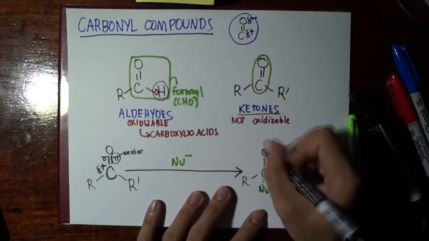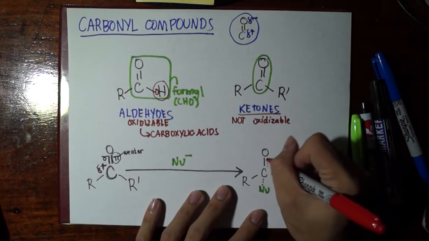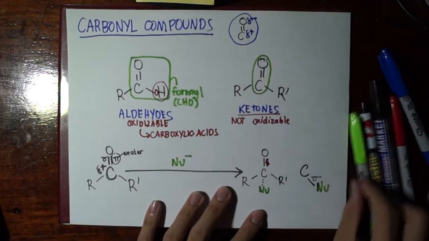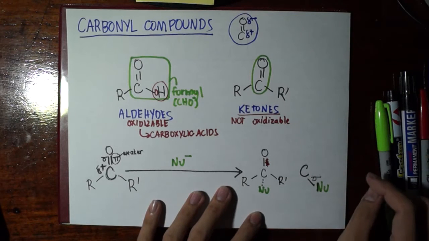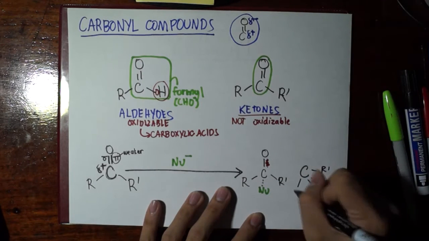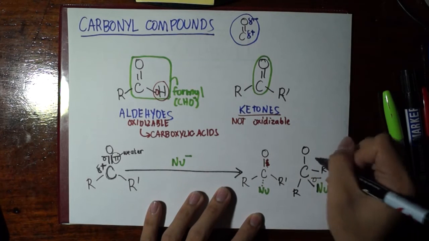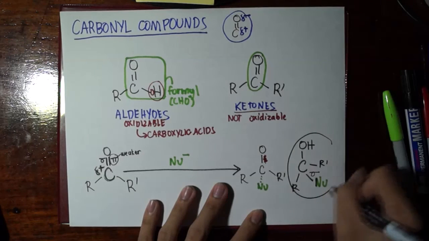So meaning that there is this pi bond that's being broken, and at the end this will become eliminated, in order to come up with a final product of this. And in order to fill up this oxygen, let's add an H. This is the final product.